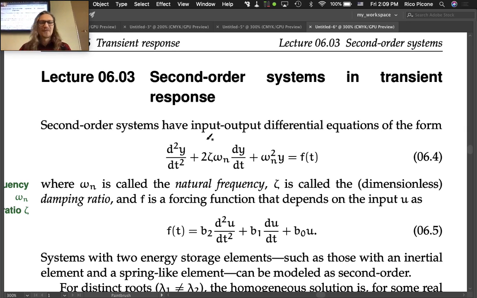Okay. So lecture 6.3, second order systems and transient response.